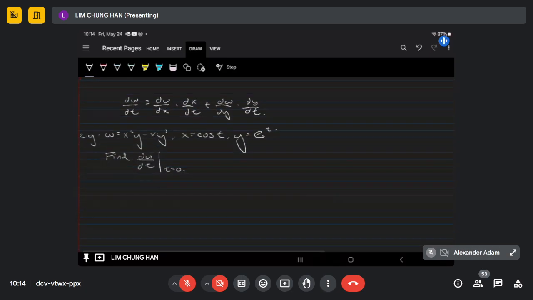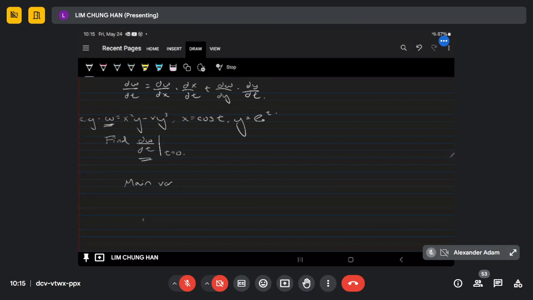So again, to help you understand the process, draw the tree. I'm going to use coloring. You want to find dw dt basically. So your main variable is w.